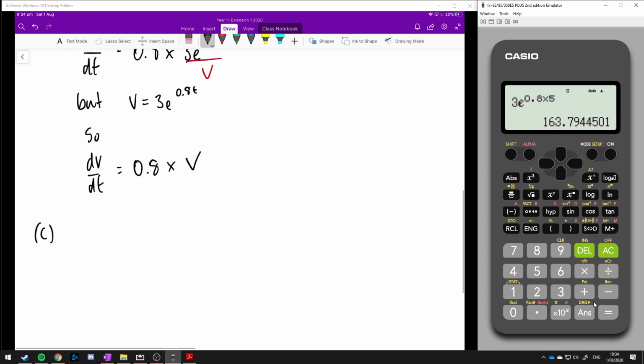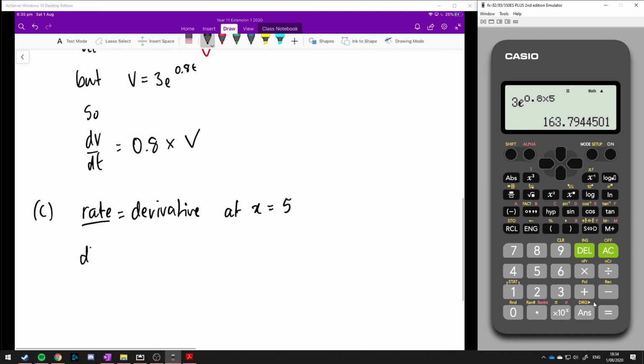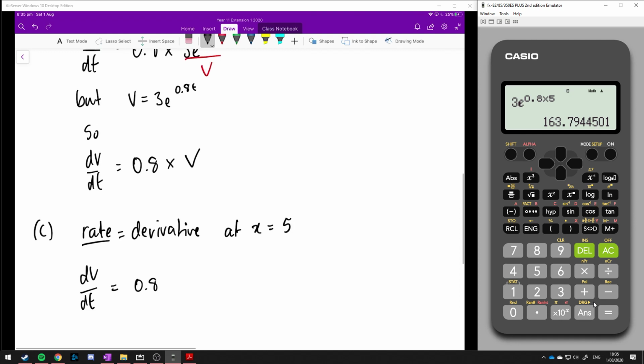Part C says, at what rate is the volume increasing after 5 seconds? So rate means derivative. dV/dt is equal to 0.8 times 3e to the 0.8t.